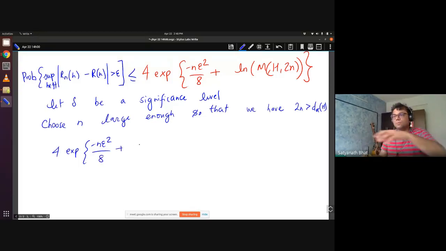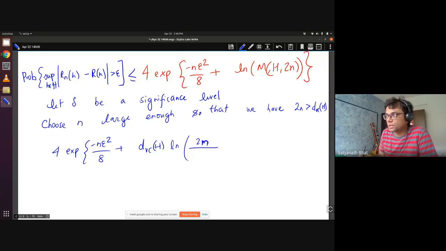times the quantity d_VC ln(2n over d_VC of H) plus 1, something like this.